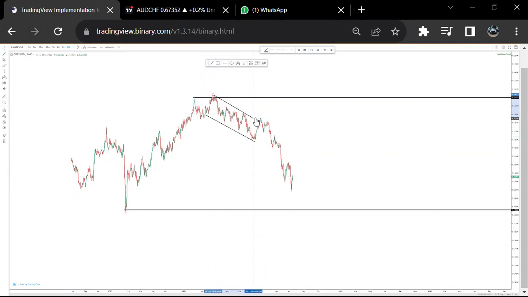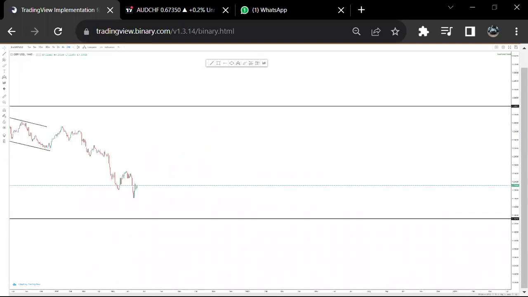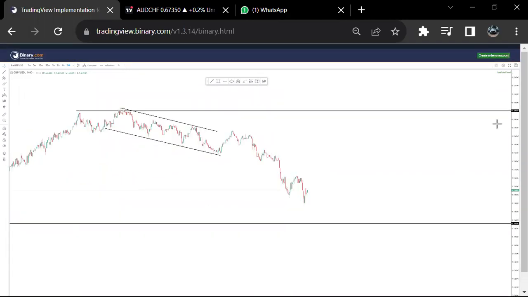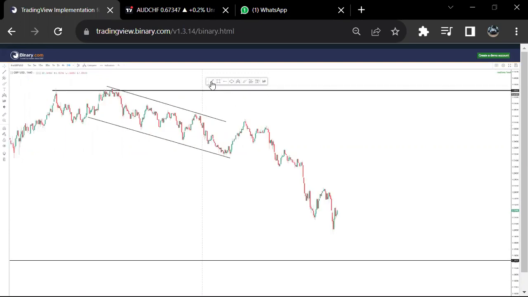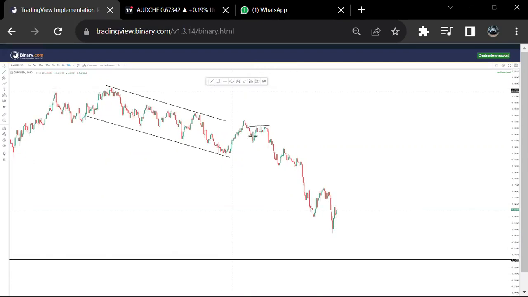You see? So this is how it went. And again, if you were to zoom in, you could notice that as price was going up, it gave you a clear shoulder here.